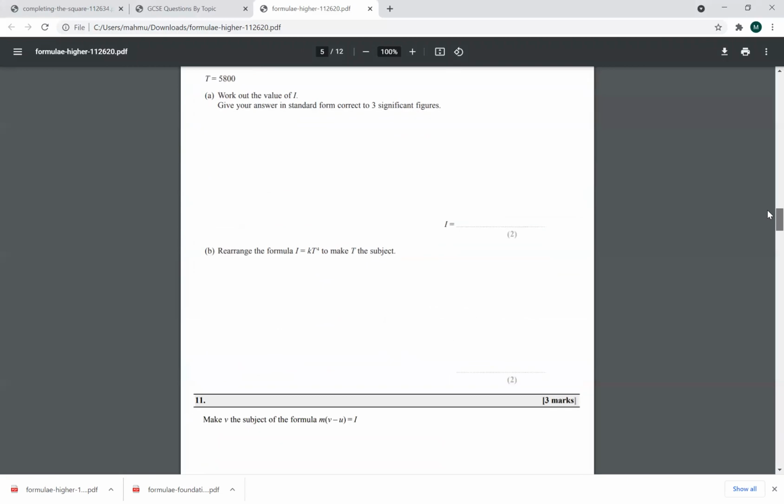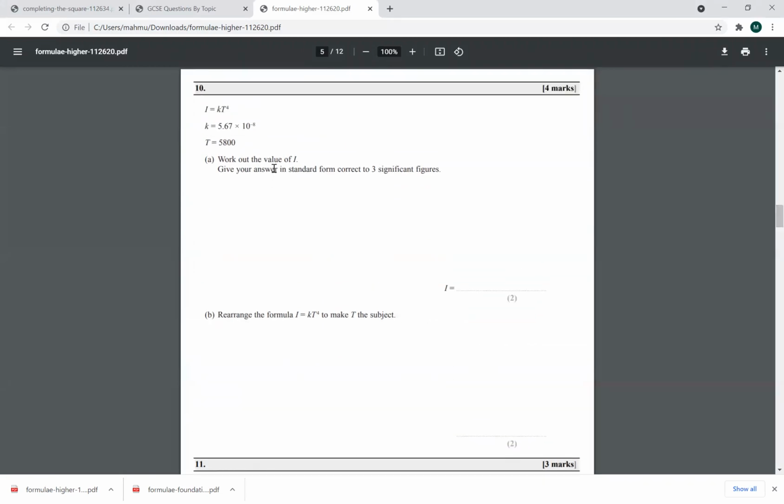Okay. Work out the value of I. So this is tricky, 10 to the minus 8. How will you write 10 to the minus 8 normally? 10 to the power of minus 8. How do you write this down in digits? Standard form, yes.